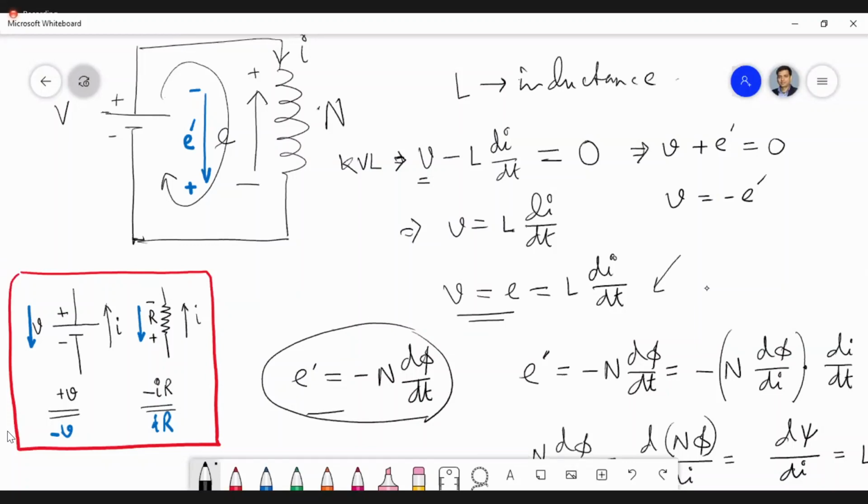So our perspectives become different for E and E prime. In one case we consider it a load or passive element, and in the other we consider it a source.